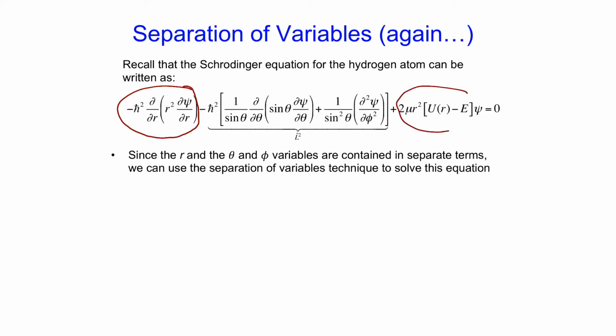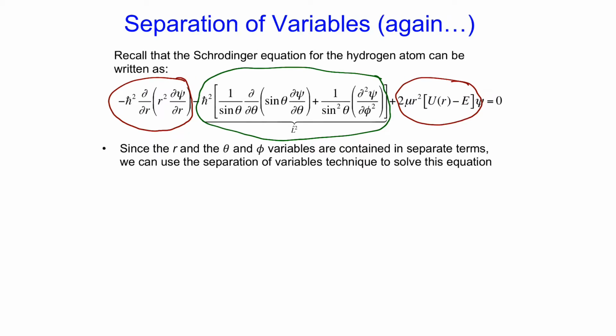This last term here is only in terms of r. And then we have this middle term, which is our theta and phi. So this one is r, and theta and phi.